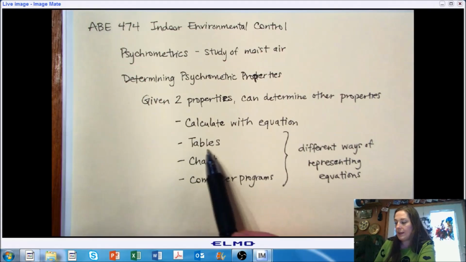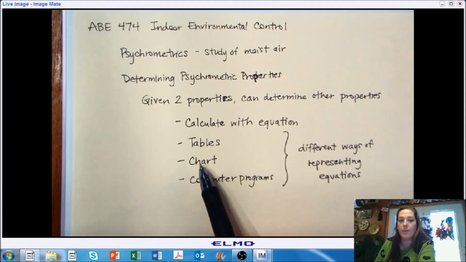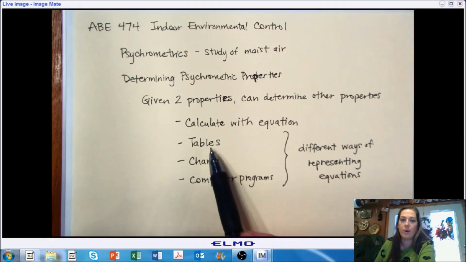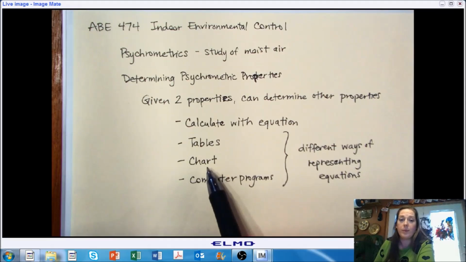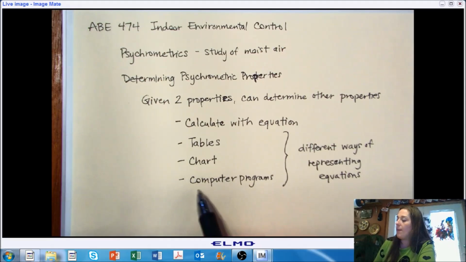What you'll find is the same thing for the tables. It's very similar to the chart. This is just in a numerical form, and this is in a very visual form that we'll take a look at in just a moment. Most computer programs allow you to at least adjust your atmospheric pressure, which gives you some more flexibility in the application of that method.